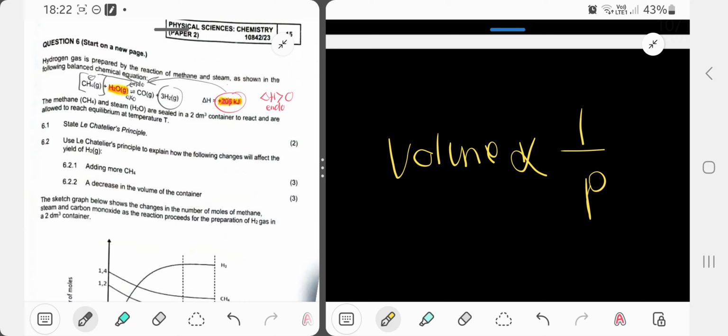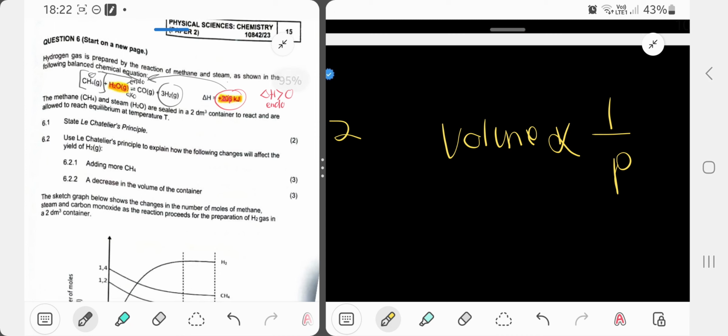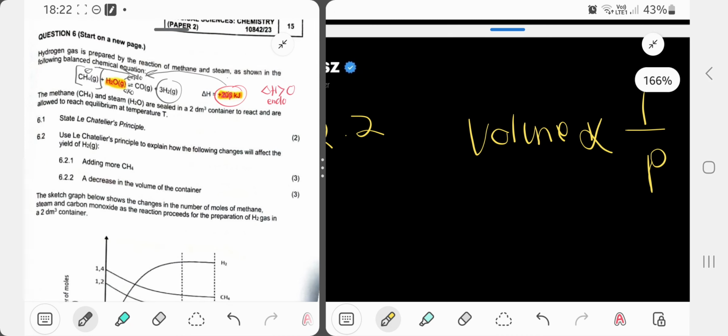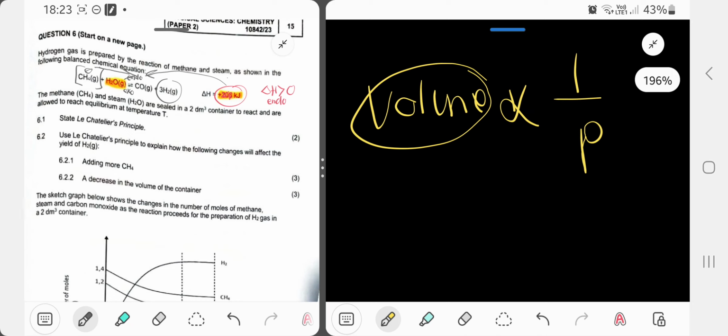I could say that. Yes, there's a formula here and there, but now let's just focus on the question. If we increase the volume, the pressure will decrease, and if we decrease the volume, the pressure will increase. So since volume is not part of the factors that affect equilibrium, it is directly linked to the factor that does.